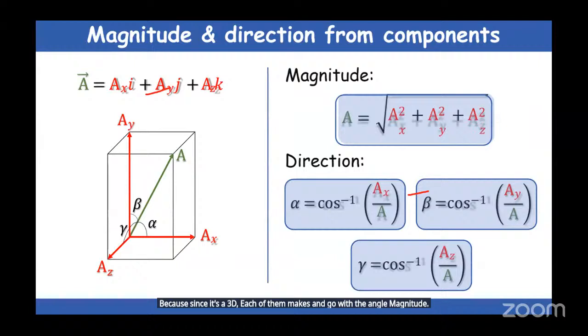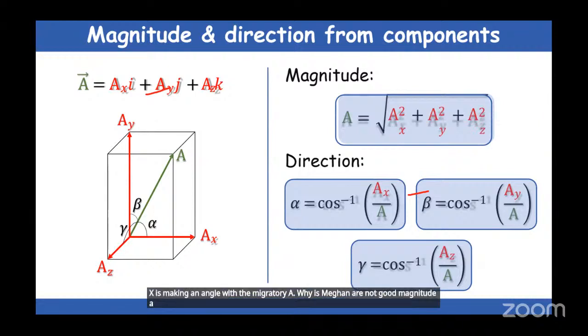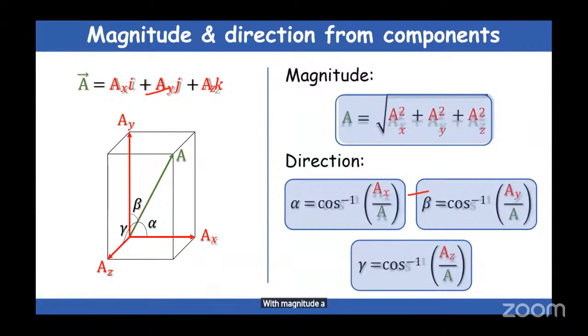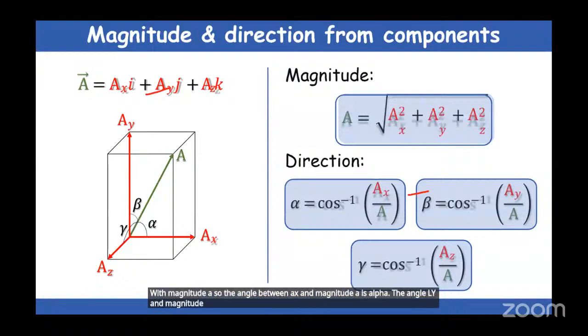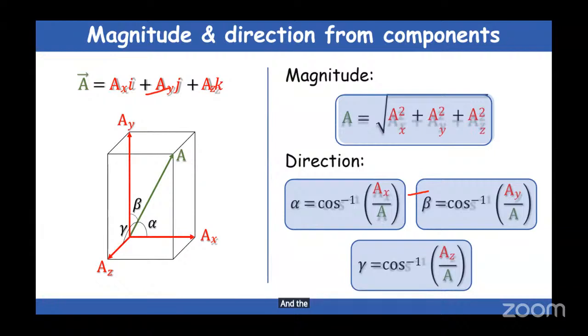X is making an angle with the magnitude A. Y is making an angle with magnitude A. Z is making an angle with magnitude A. So the angle between Ax and magnitude A is alpha. The angle between Ay and magnitude A is beta. And the angle between Az and magnitude A is gamma.